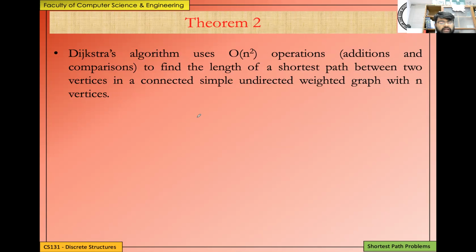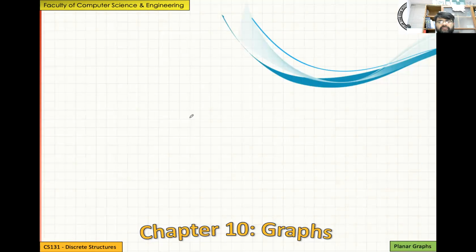I'll not discuss it for now, but we'll understand it better once we discuss the complexity. So this is basically a polynomial time algorithm and not an exponential algorithm, which is good, and which is why it can be used to find the lengths of the shortest paths.